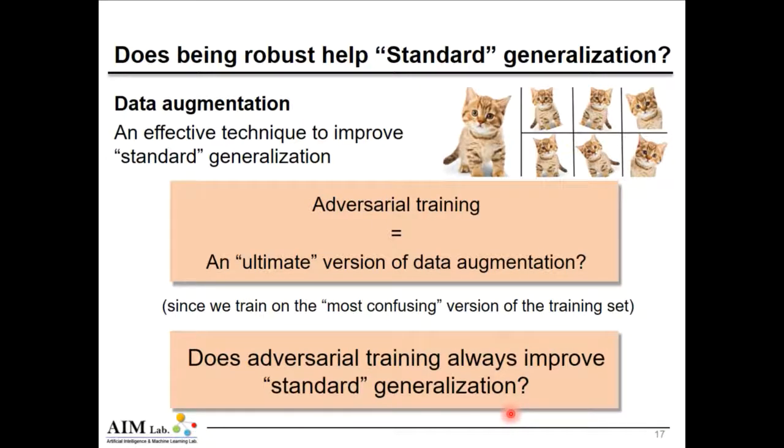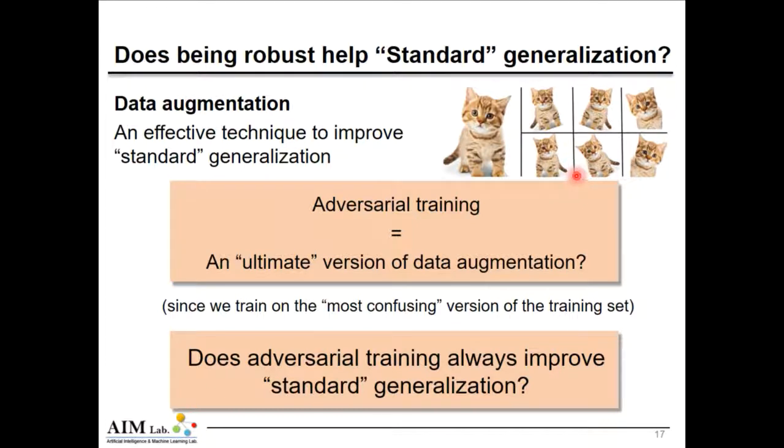So here's another issue. How does being robust affect our standard generalization? If we get a robust classifier, then it should be superior to a standard classifier in all aspects. In particular, we know that one of the effective techniques to get better standard generalization is data augmentation, which is adding some transformation to training data during training.